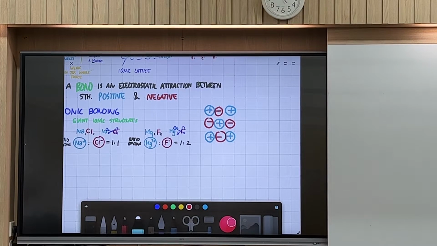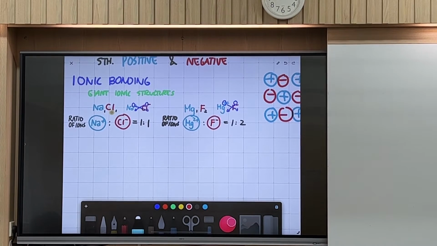After you underline the word lattice, just draw this diagram on the right. That describes a lattice. I wrote down that each ion is surrounded by oppositely charged ions, and that they are present in the ratio predicted by the formula. So just copy the two formulas on the side as well.